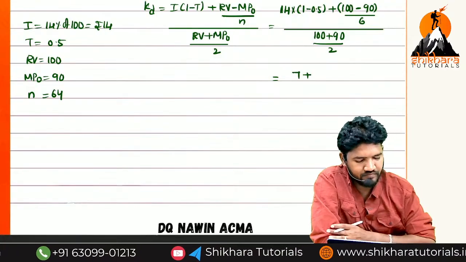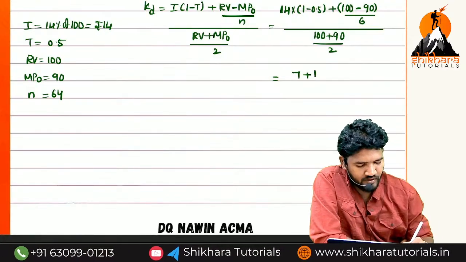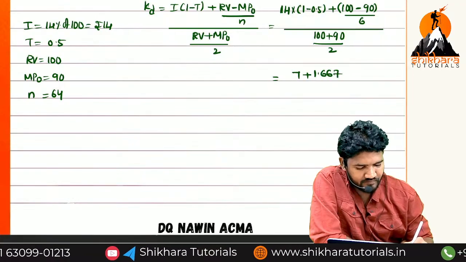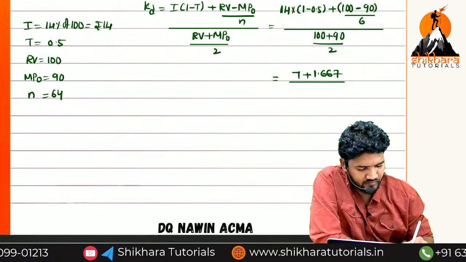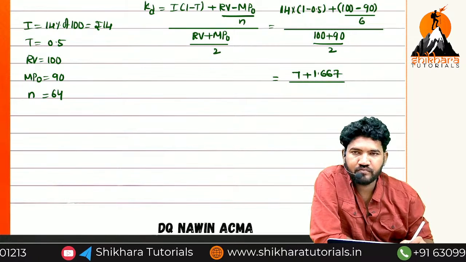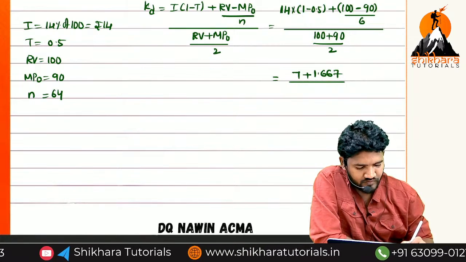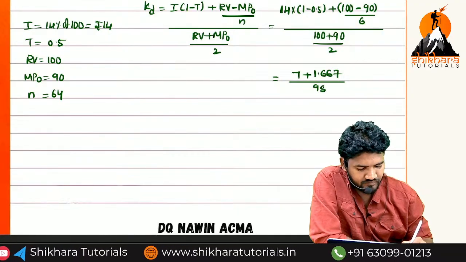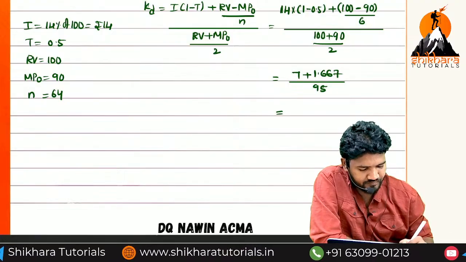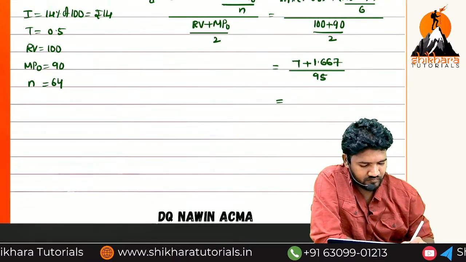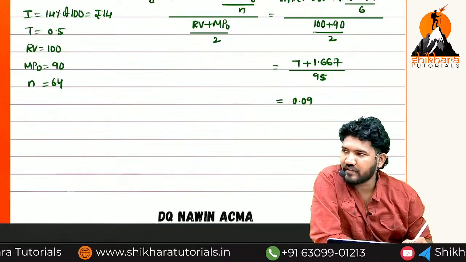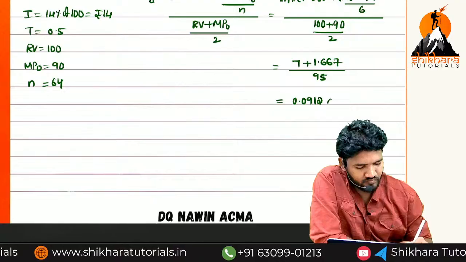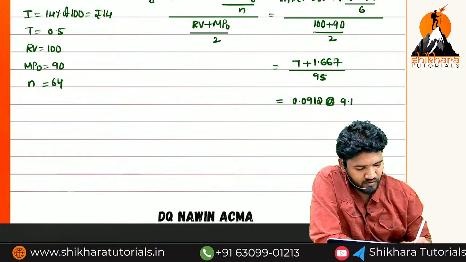Seven plus 1.667 divided by average value, 95. Answer 0.09 exactly 12, or 9.12%.